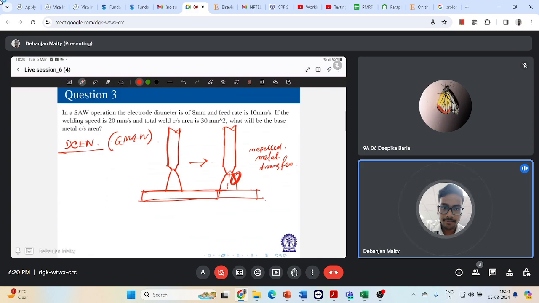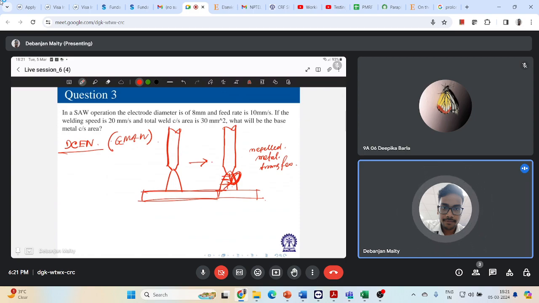So repelled metal transfer is basically some kind of force that directs the drop away from your weld pool, and then the repelled transfer is occurring. So this is transferring from your weld pool and going to the periphery of your arc, right?